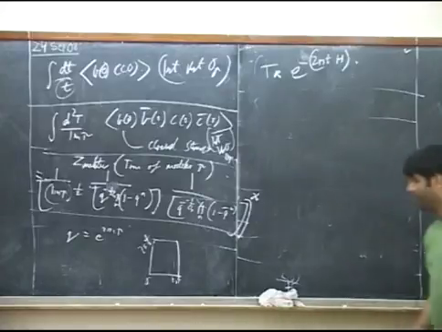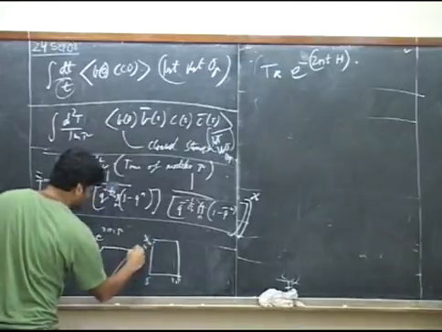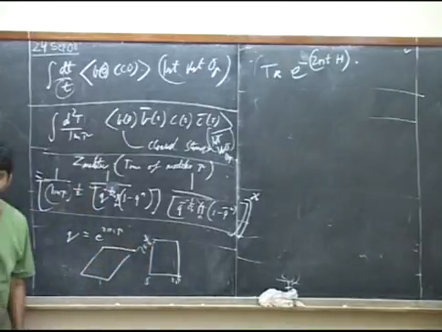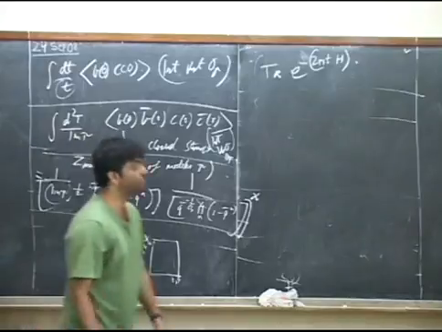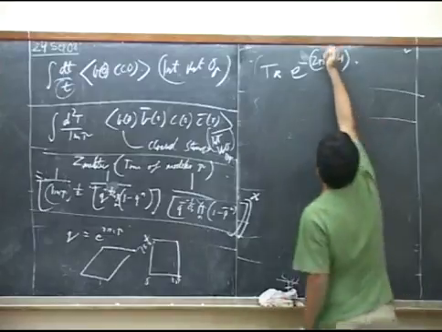Okay. Now if we make this torus skew, now we have a suggestion for a Hamiltonian interpretation.